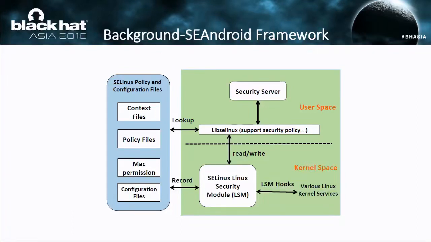When the system is booting, the system server will load the policies into the SELinux LSM module to complete MAC access control. The security server can also interact with the context information and the LSM module through enable SELinux.